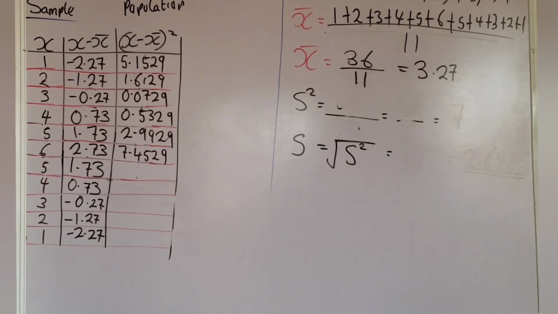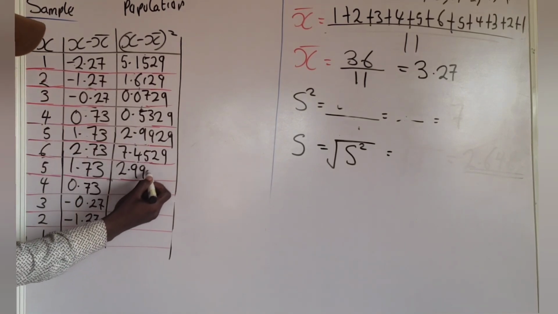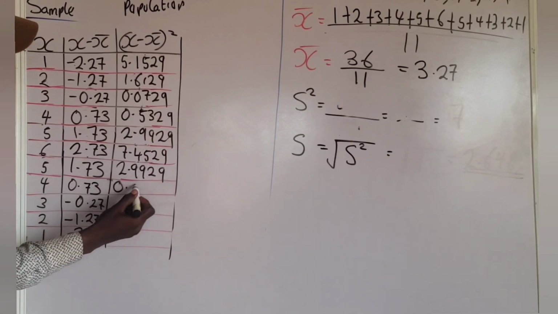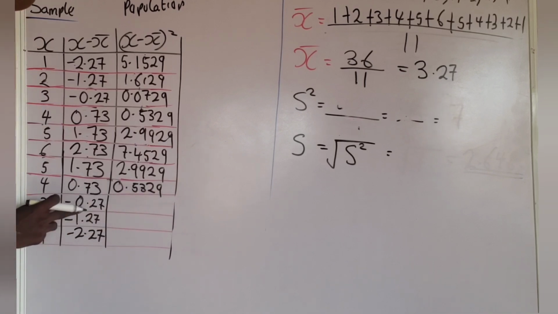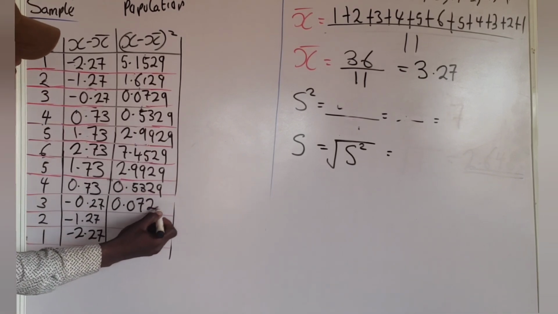1.73 squared, that is 2.9929. 0.73, that is 0.5329. Negative 0.27 squared, that is 0.0729.